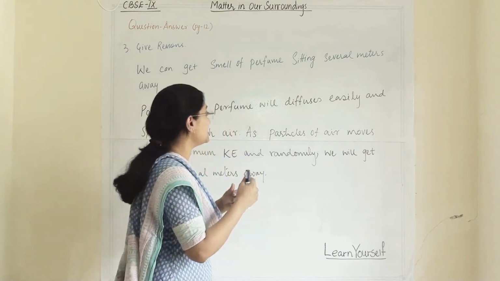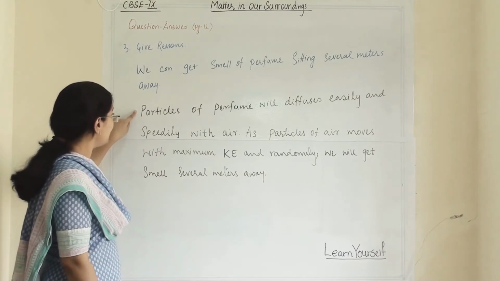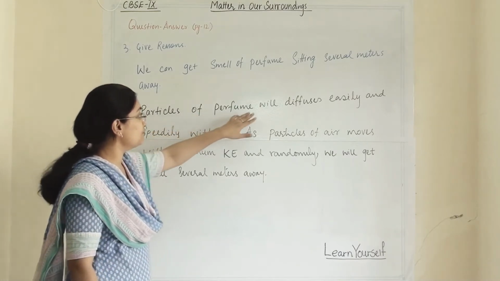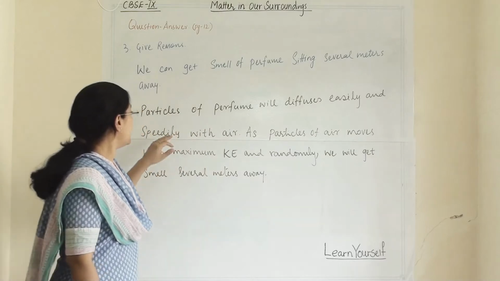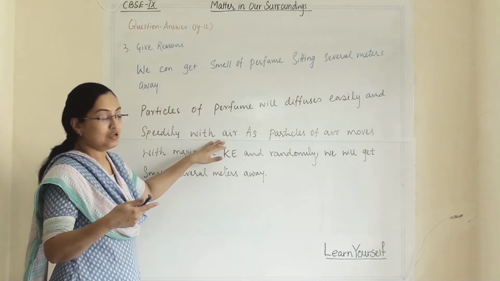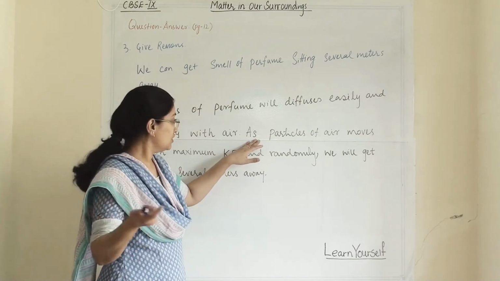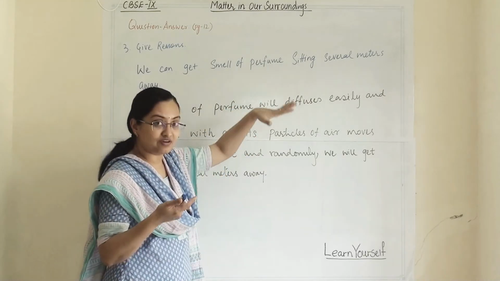So these two things we have to discuss. So in first sentence we have written that particles of perfume will diffuse easily and speedily with air. Now as it is with air, what is air's quality which will help perfume to reach several meters away?